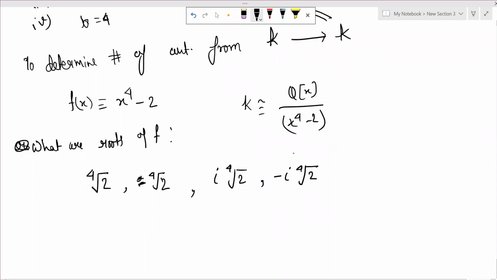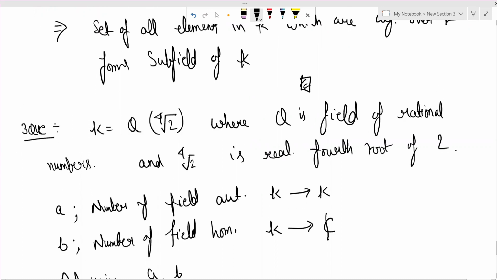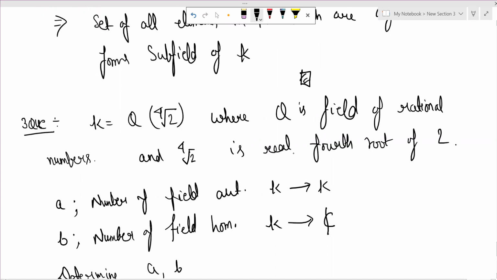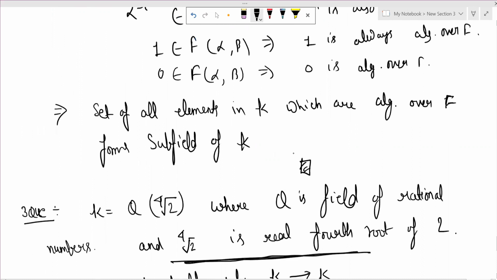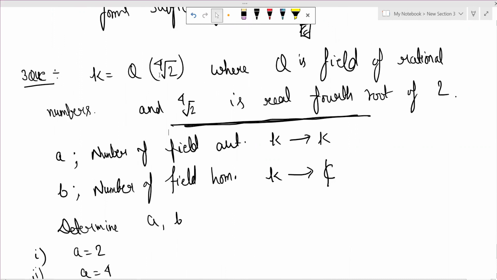Now he is saying the adjoined field he is obtaining is a real field. He is right here in the question, this one is a real fourth root. So he adjoined to Q some real fourth root, so this field is a subfield of the real numbers.